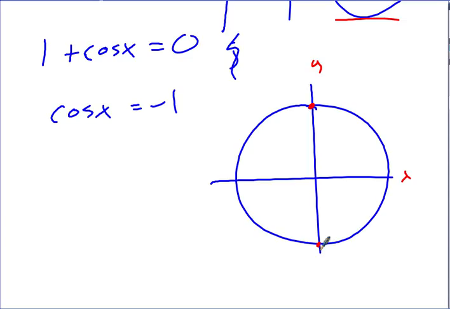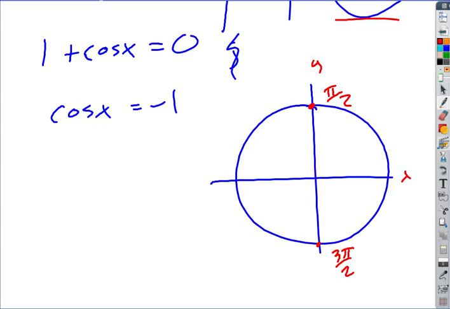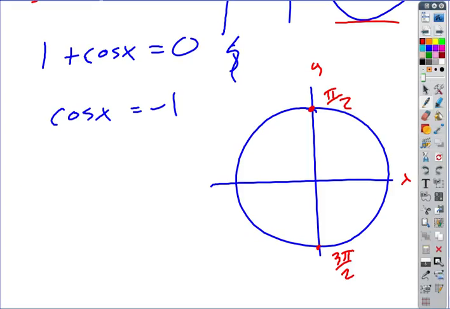So what are those two places? How many radians is that? Okay, so those are my x values, the places where that happens. Okay, but so we got two answers: either x equals pi halves or x equals negative 3 halves pi.